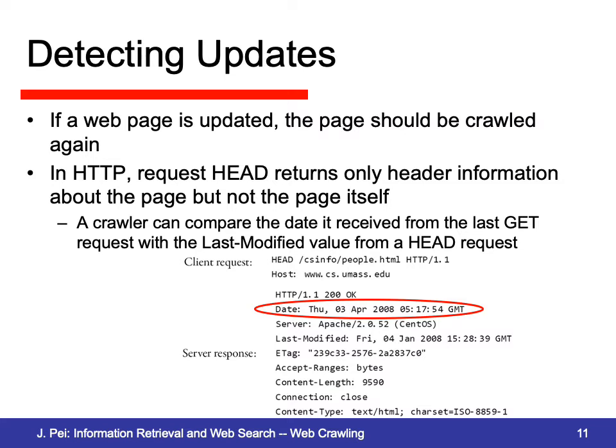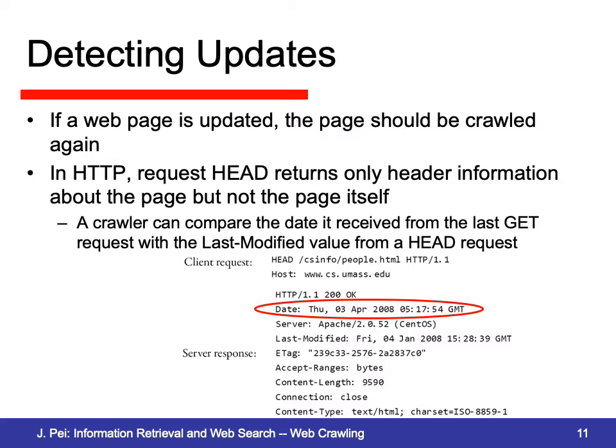How can a crawler know that a web page is updated? This can be helped with HTTP. In HTTP, the HEAD request returns only header information about the page, but not the page itself.